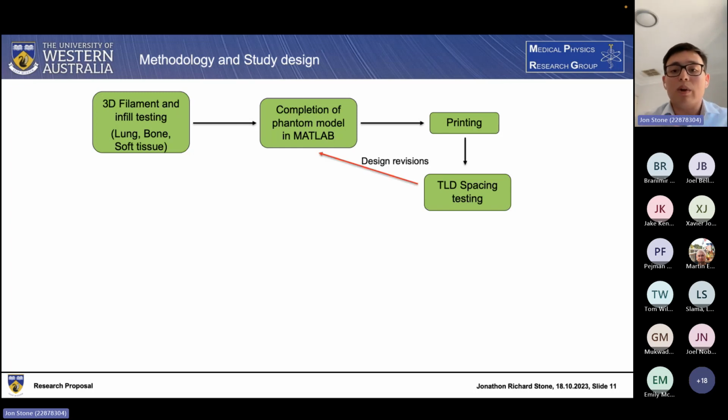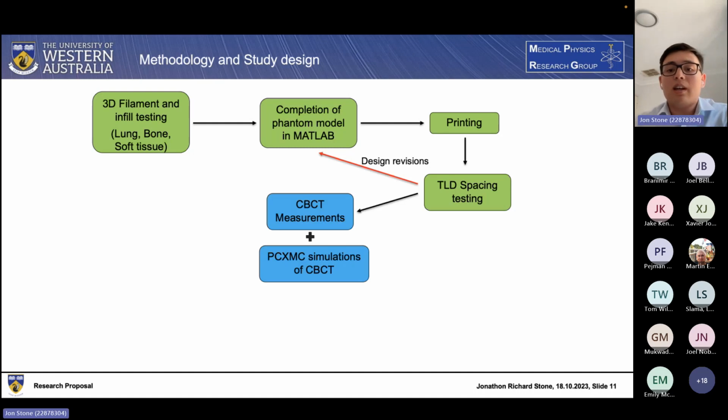And so when TLD spacing testing is done, we might do some design revisions to the MATLAB model and then print off some sections again. Then after the printing is completed, we'll move on to the cone beam CT measurements of the actual phantom itself, as well as the PCXMC simulations of the cone beam CT.